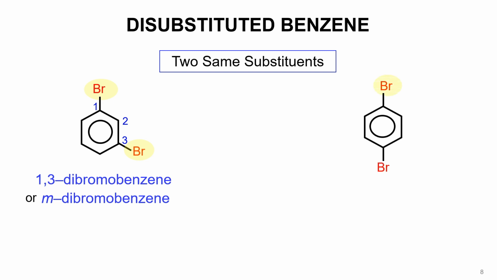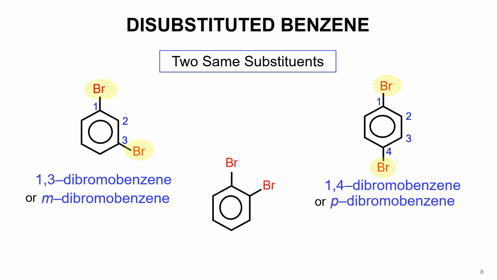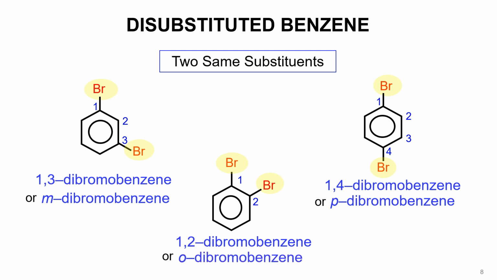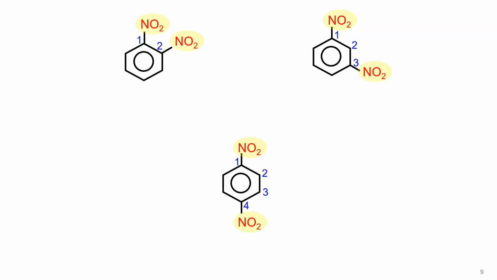Second example: bromine attached to carbon 1 and carbon 4 is named 1,4-dibromobenzene, or para-dibromobenzene. Example 3: bromine attached to carbon 1 and carbon 2 is named 1,2-dibromobenzene, or ortho-dibromobenzene.